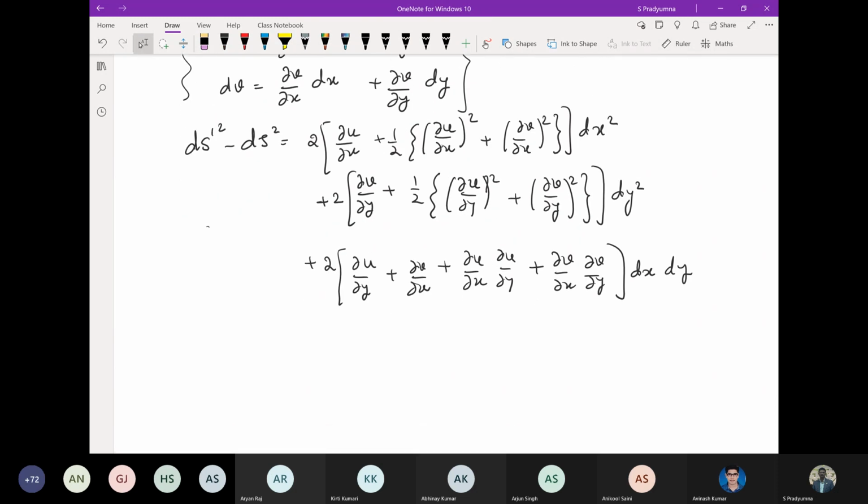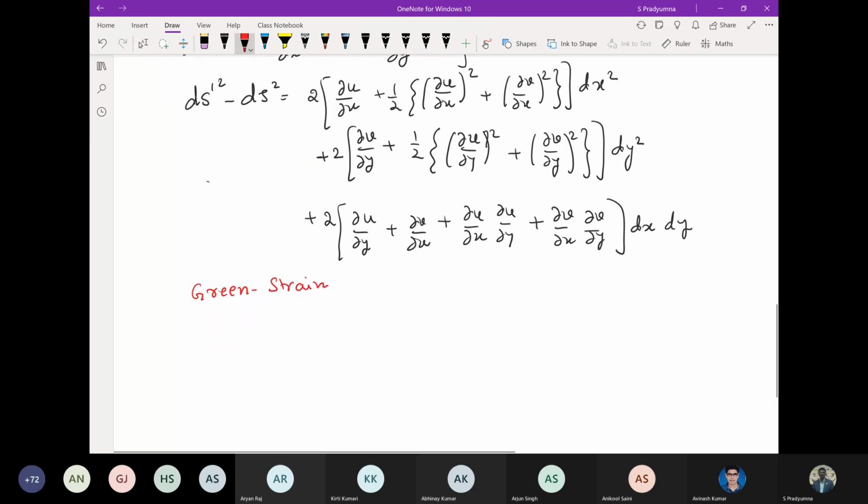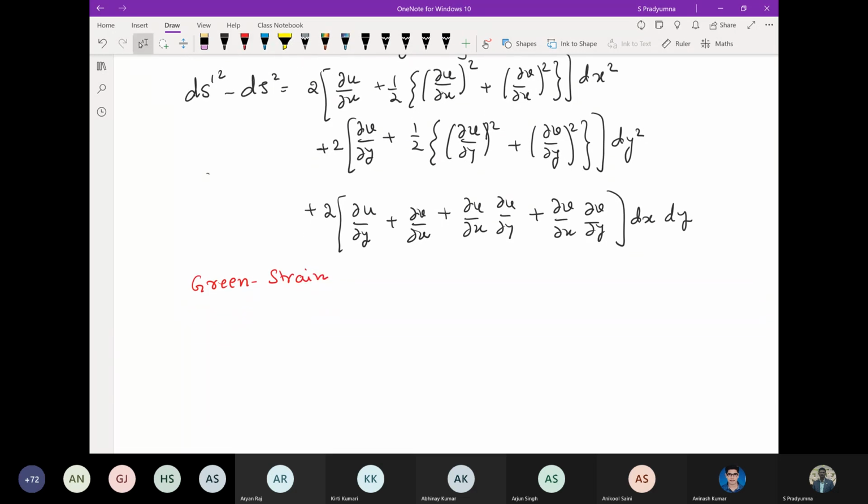Now we have written ds dash square minus ds square. There is one strain term we are interested in, that is the Green strain. This is the equation developed by Green. So this is the extensional strain. We call this epsilon, and according to Green strain it is written as ds dash square minus ds square divided by 2 ds square.